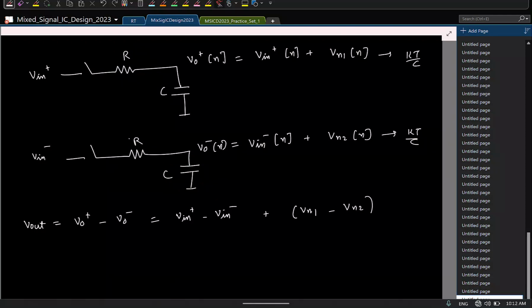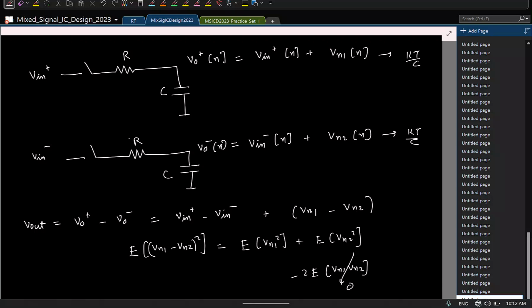Okay. So if you were to find the total noise power in the differential signal, I'll basically try to do this expected value of the noise square, and this will be simply the sum of the mean squared values of the individual signals. Because we'll have the cross term, because of the fact that they are not correlated, this will be 0. So what will be the effective noise power?